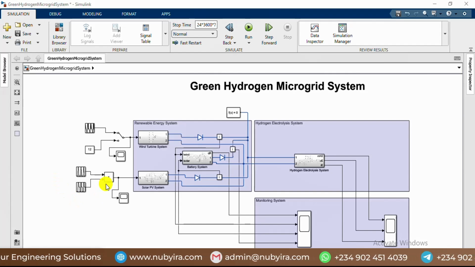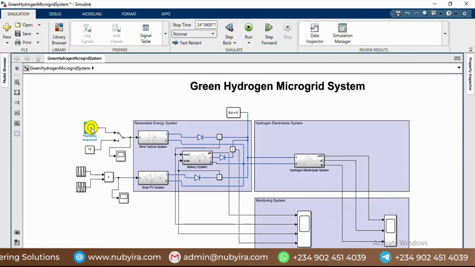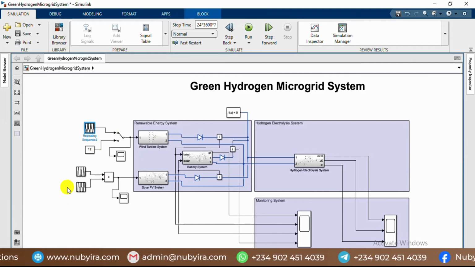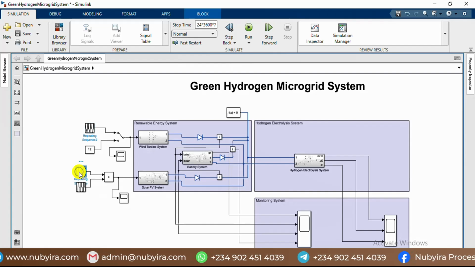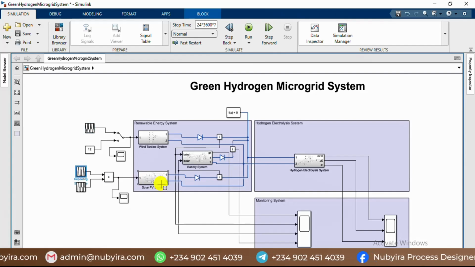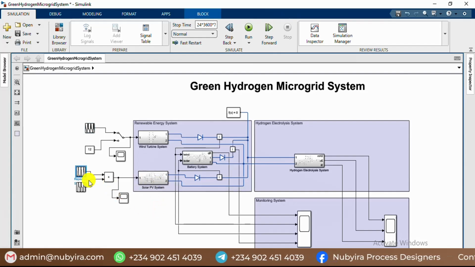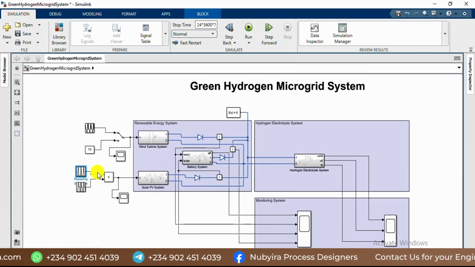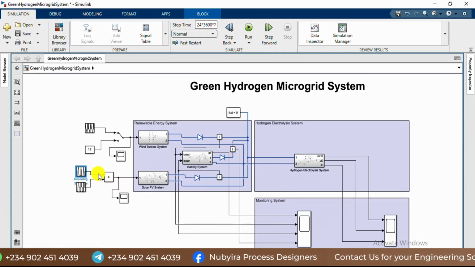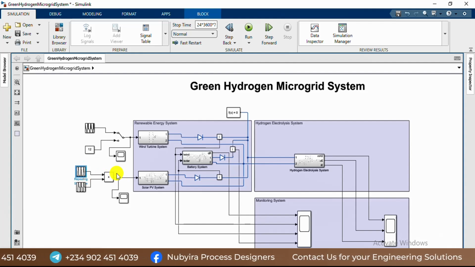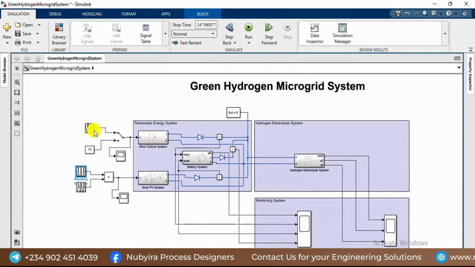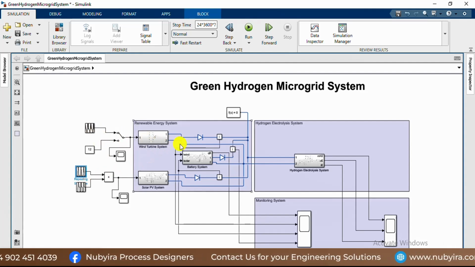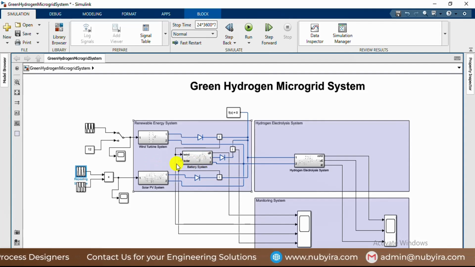We have the wind turbine system, and we have a PV power system that is harnessing the sun during the day and night from the solar plant. Then the wind is taking the wind energy, and the system is connected to a battery system for energy storage during excess periods.